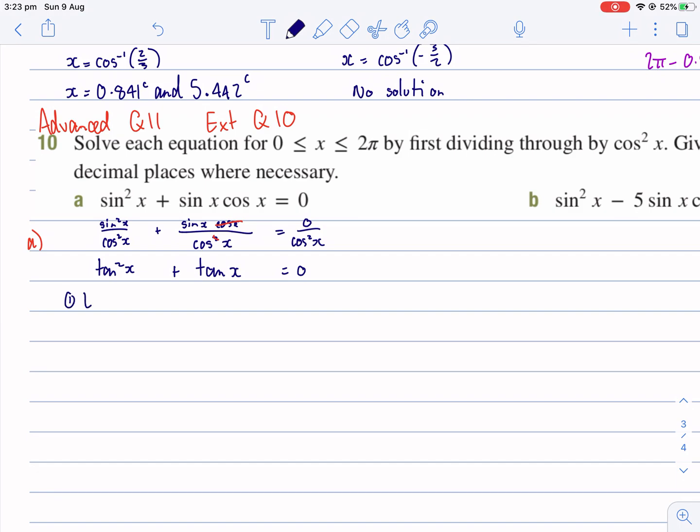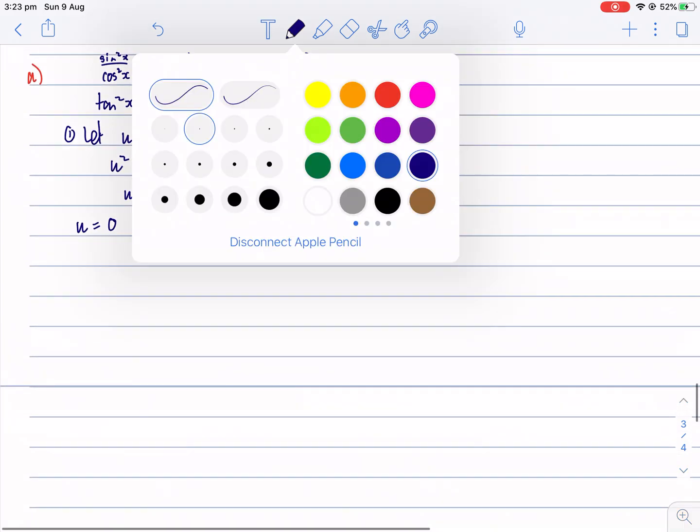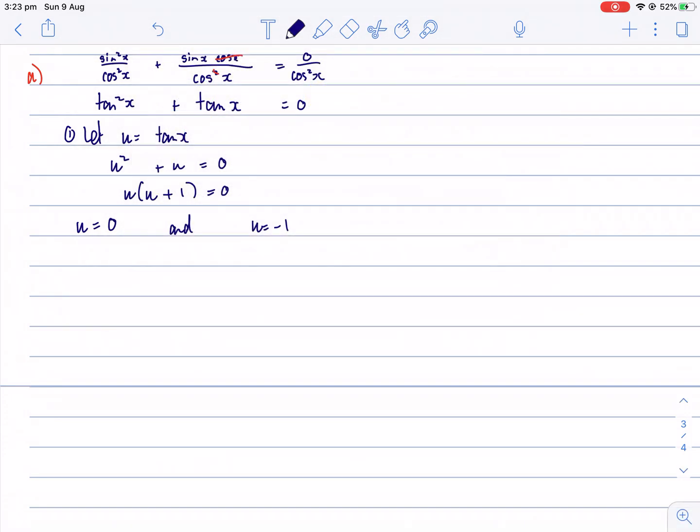So let's let u equal tan x. We've got u squared plus u equals 0. U outside of u plus 1 equals 0. U equals 0 and u equals negative 1. Okay, let's find out when tan is 0 and tan is negative 1. Arctan 0, it's going to be 0.